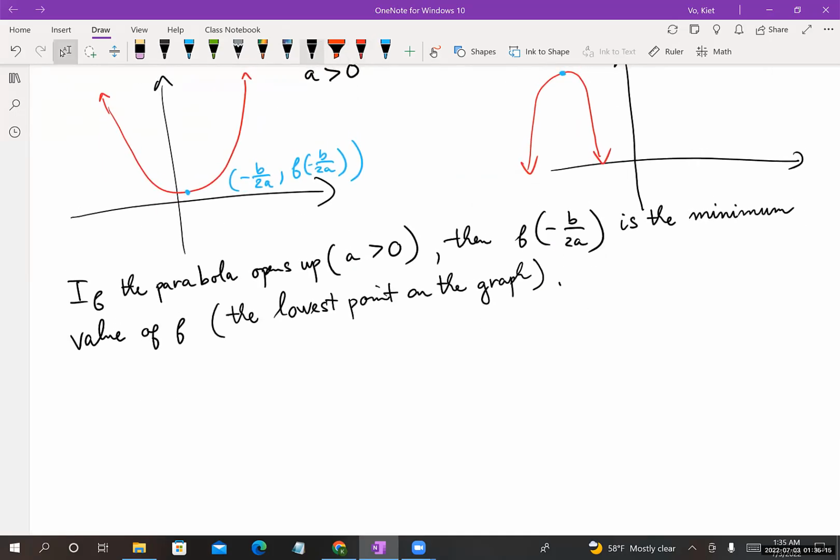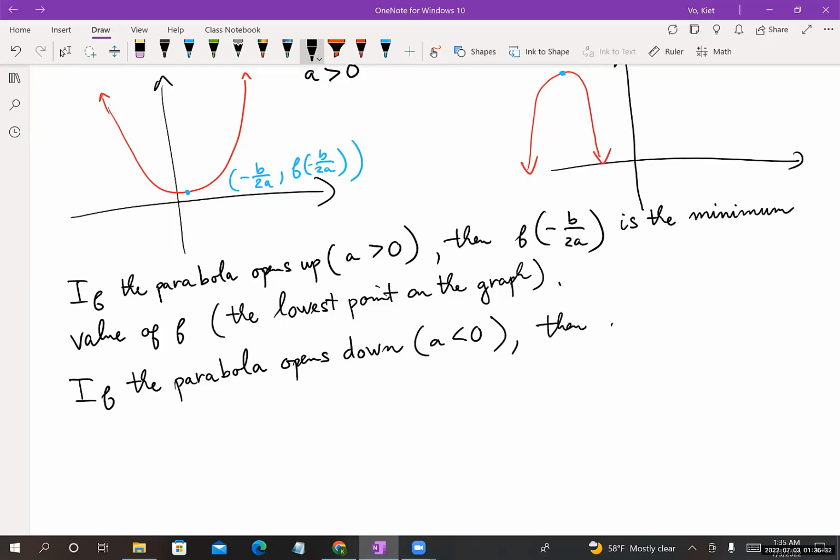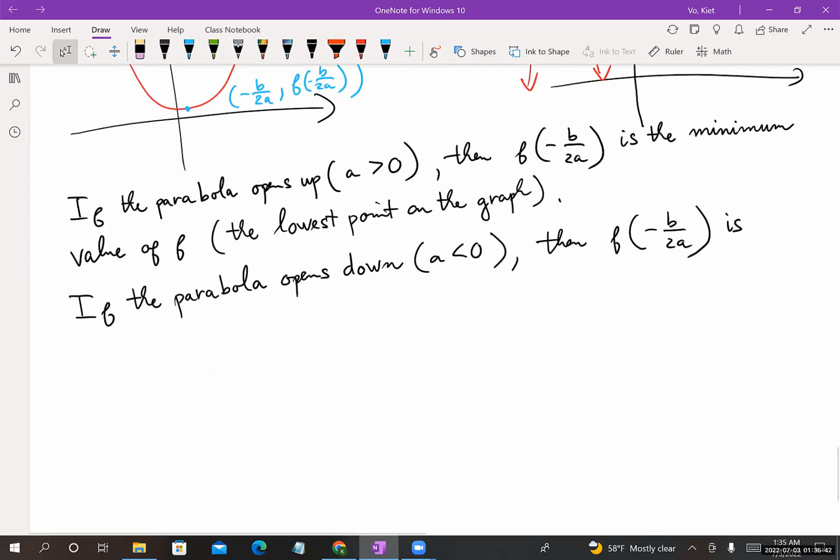So if the parabola opens down, which is when a is less than 0, then the function evaluated at negative b over 2a, which is the x coordinate of the vertex, would be the maximum value of the function f.